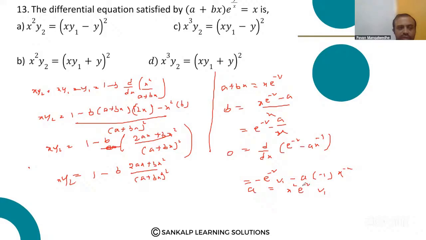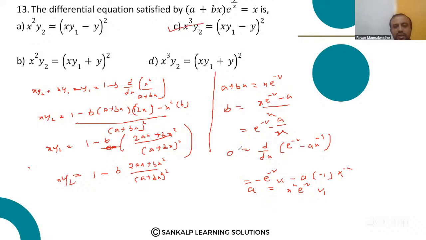So v1 in the sense what? It is as good as taking the x raised to y1 form. That is, using this condition, you can get the option C as the correct answer.